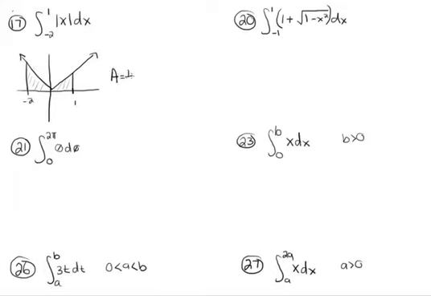So area equals 1/2 of, we'll do the bigger one. Base is negative 2. Height is going to be the value at negative 2, which we should know is 2. And the second one is going to be 1/2 the base of 1 times a height of 1.